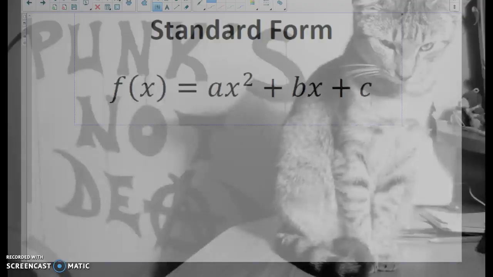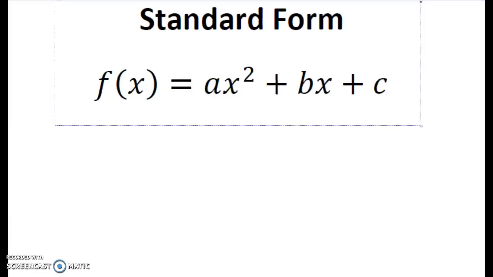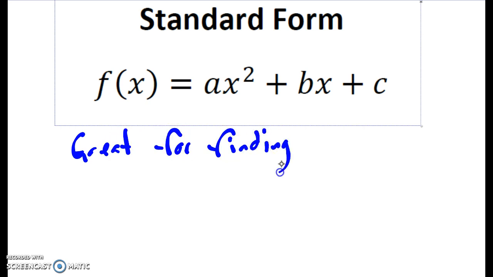But the reason it's really there and the reason it's in standard form is not really that it's great for finding the y-intercept, which it is. It's that one of the main reasons we use quadratic functions is to model things in physics, and the values a and b, as well as c, all have really clear applications in that.